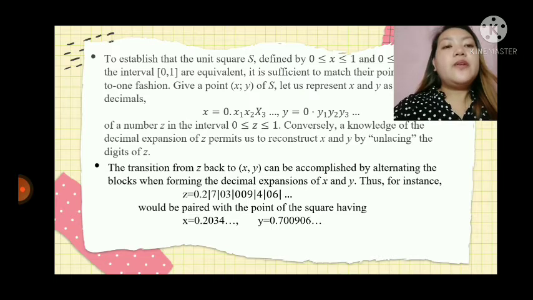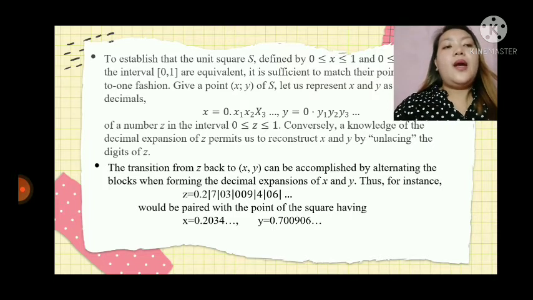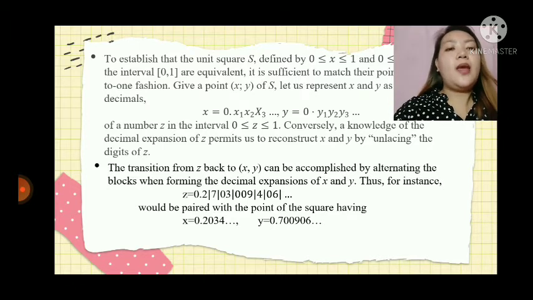So the transition from z back to x and y can be accomplished by alternating the blocks when forming the decimal expansions of x and y. Thus, for instance, z equals 0 point 7, 3, 0, 0, 9, 4, 0, 6.